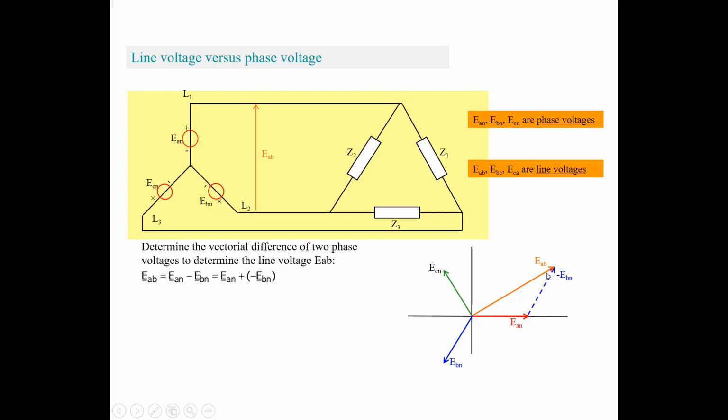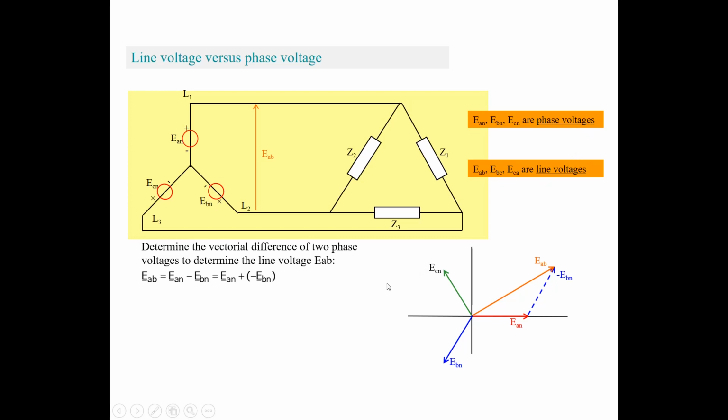But now the question pops up, and that question is how big is that vector EAB with respect to that voltage EAN? Or in other words, what is the contribution of the line voltage with respect to the phase voltage? So what is the division of the line voltage by the phase voltage?